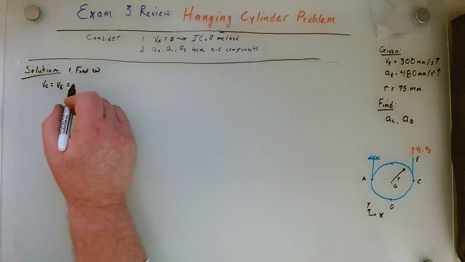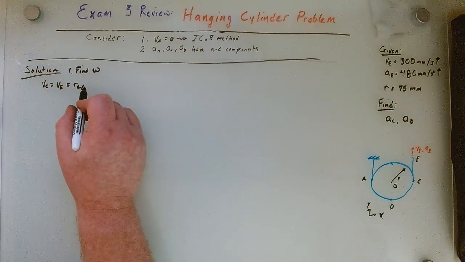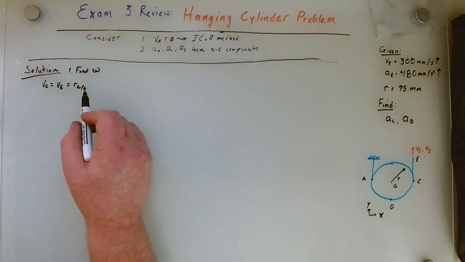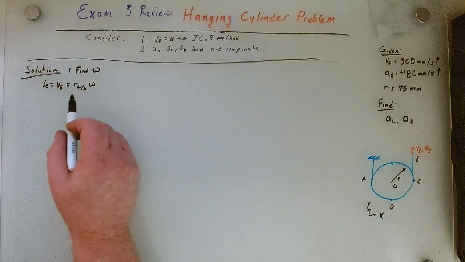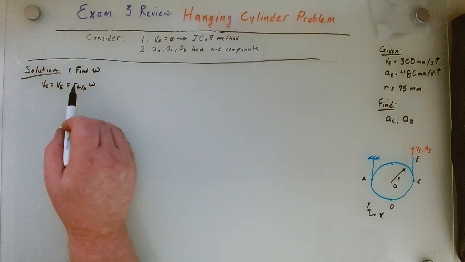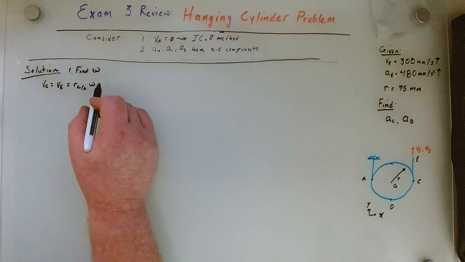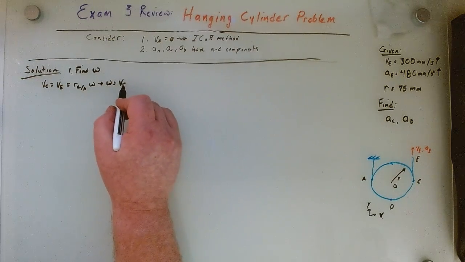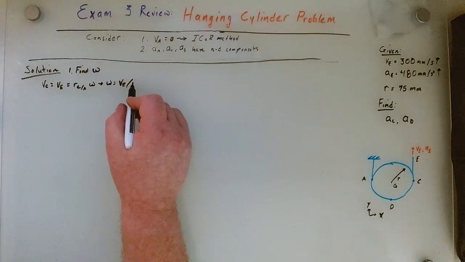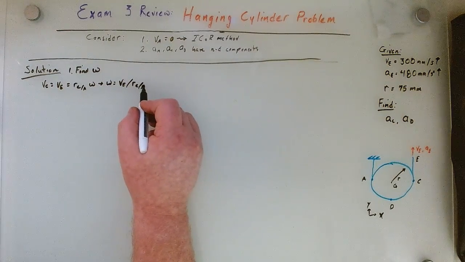So we would say r from A to C times omega. If we were doing the actual cross product, omega would be over here, but we're not, so that's okay. And so that means that omega is equal to v sub E over r from A to C.